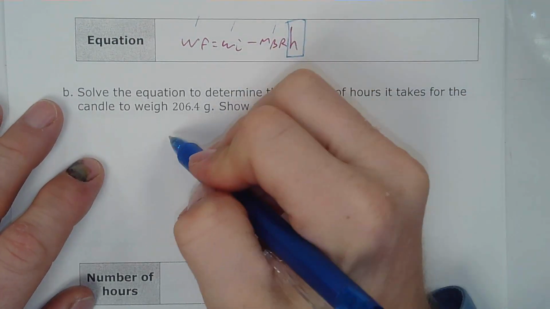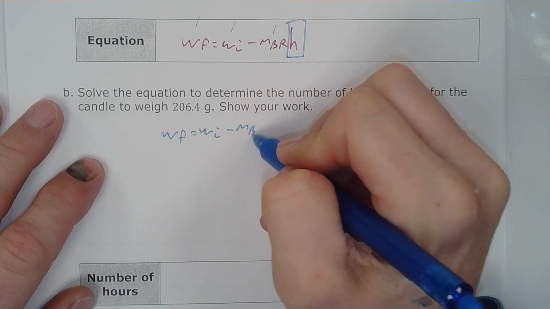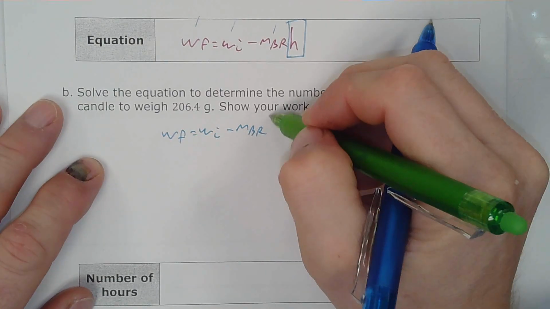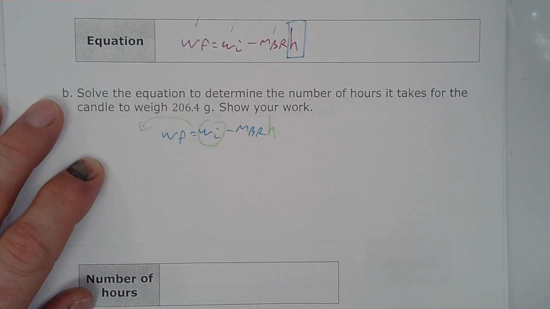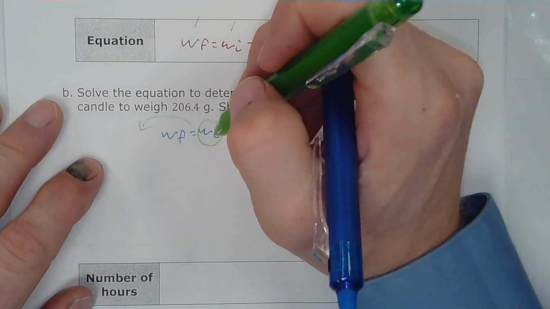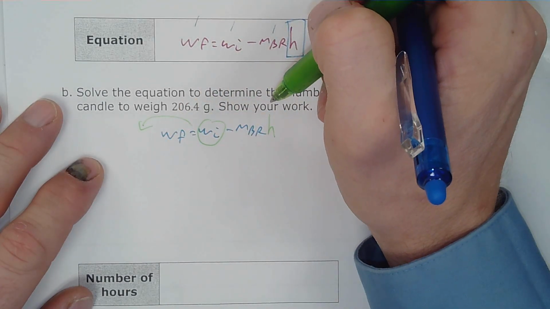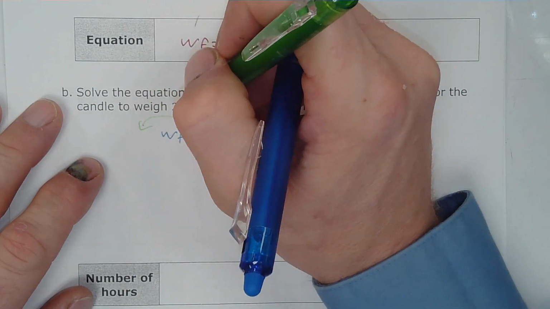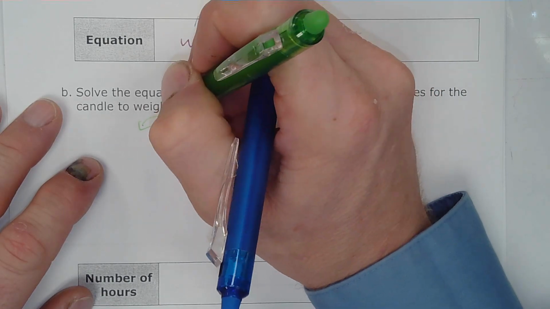Weight final equals weight initial minus my slope times my burn times that. I have to move this over here, which gets it out of that side and puts it on the other side. Technically, you're subtracting your initial weight from both sides so that your initial weight cancels out. But if you move it to the other side, it changes sides, so it changes signs, from positive to negative.